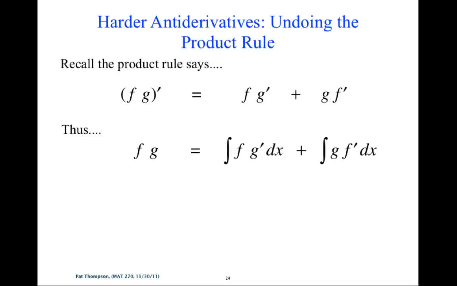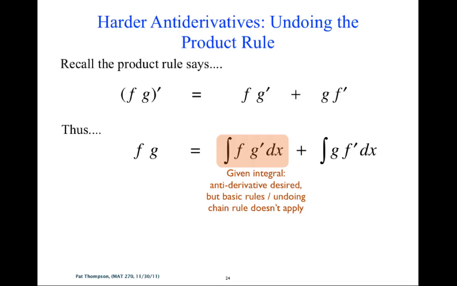That's logical, right? Follows? All I'm doing is basically taking the integral of both sides. When I do that, I get the original function f times g is the integral of fg prime plus the integral of g f prime. So with undoing the product rule, you'll be given just one of these.